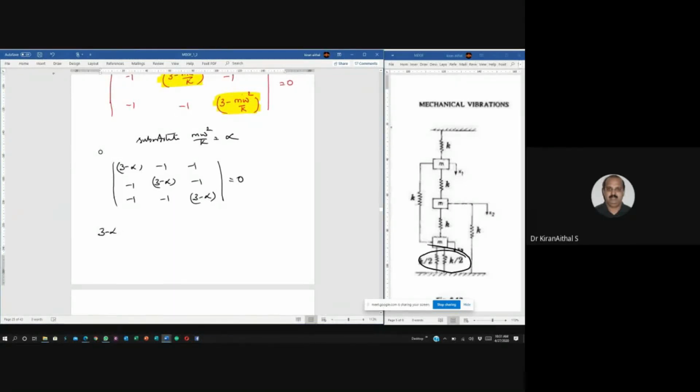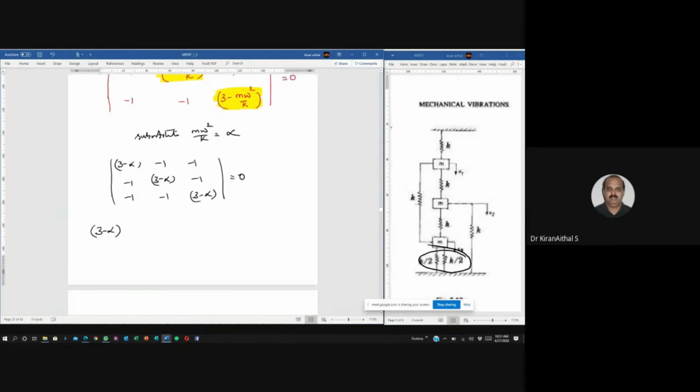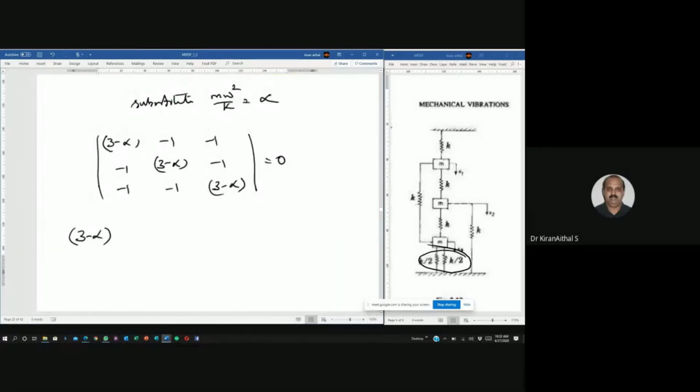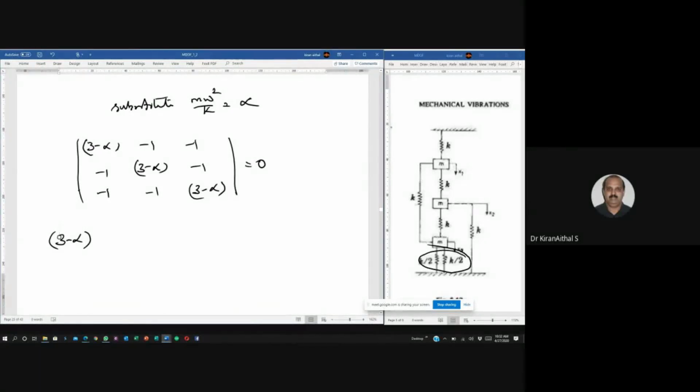3 minus alpha, open the bracket, correct or not? 3 minus alpha, then 3 minus alpha whole square minus 1, plus 1 into minus 1, 3 minus alpha minus 1.